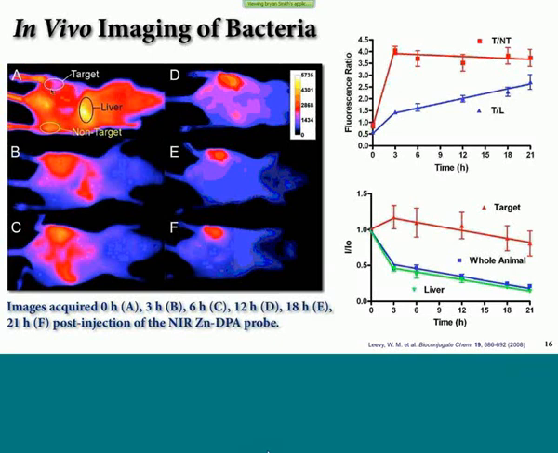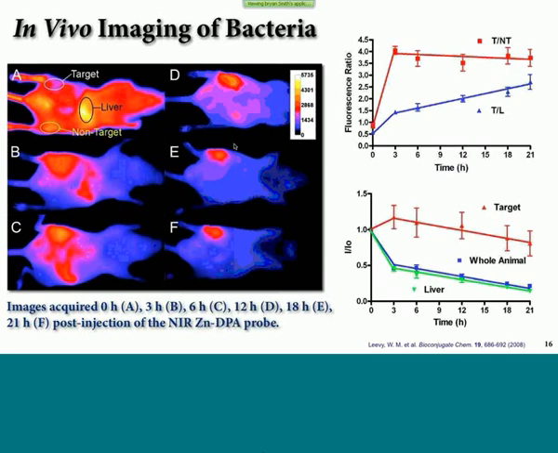However, if we look at the target site, the site of the Staph aureus injection, we can see that the fluorescence intensities increase and become very localized to this one area. So this is showing that our probe eventually diffuses through the body and then localizes to the site of the bacterial infection. And we can quantify the targeting ability of a probe through a target to non-target ratio, where you draw a region of interest around your target site and then get the mean pixel intensity of the site.